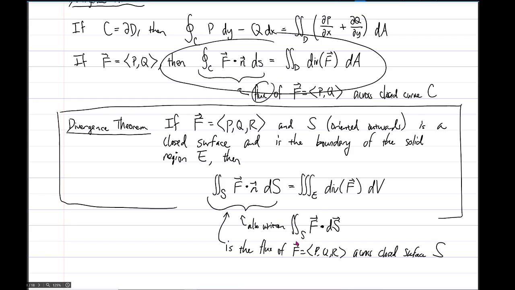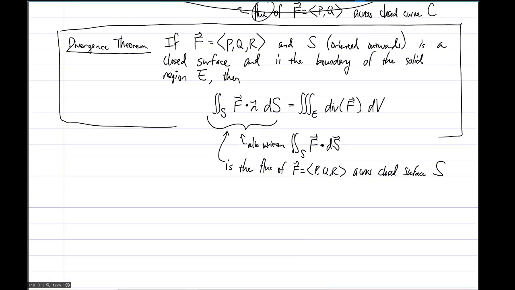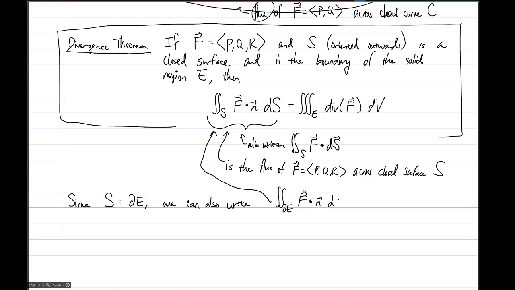And this is going to be really nice. So let's make a couple other comments here real quick. Since S is the boundary of E, it's in the language here, right? S is the boundary of the solid region E. We can also write this left side as the double integral over, instead of writing the S that's right there, we could write just the boundary of E. That doesn't really change anything, of F dot n dS.